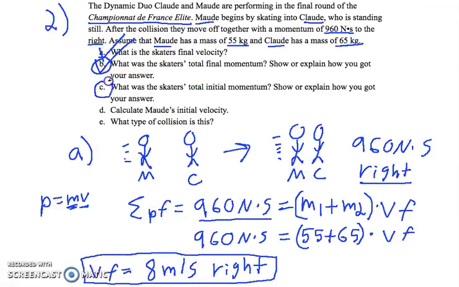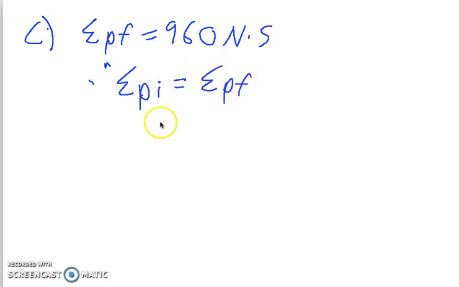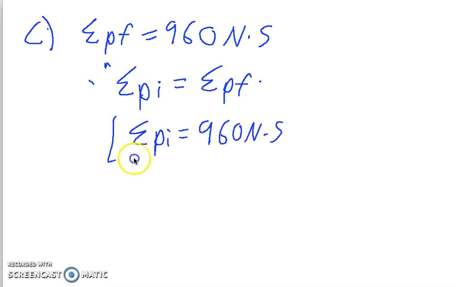C is saying, okay, that's their final momentum, what is their total initial momentum? Their total final momentum, which we just figured out, is 960. The total initial momentum is equal to the total final momentum, so the initial momentum is 960 Newton seconds as well.